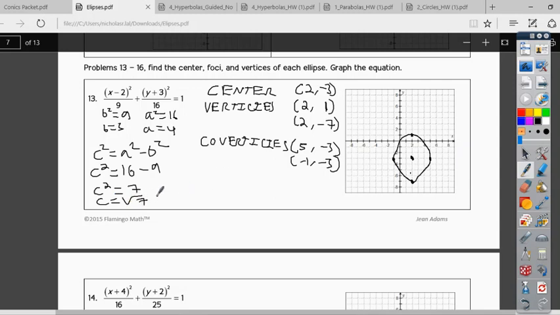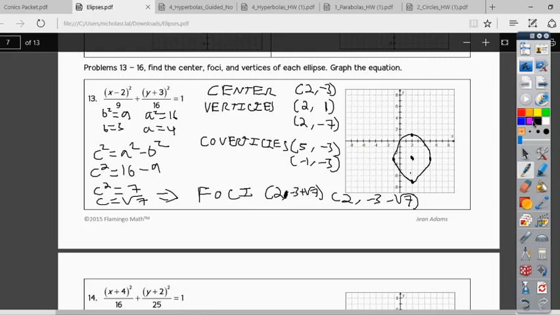So our foci, remember this is vertical, so it'll be at 2, comma, negative 3 plus the square root of 7, and 2, comma, negative 3 minus the square root of 7.